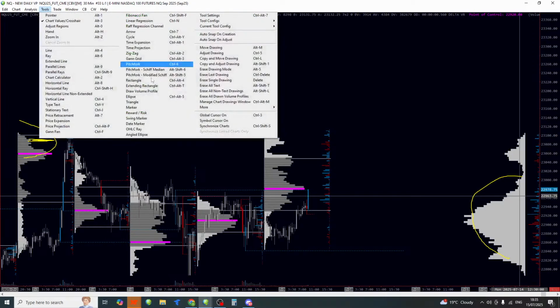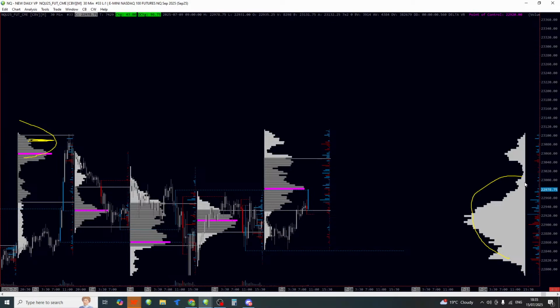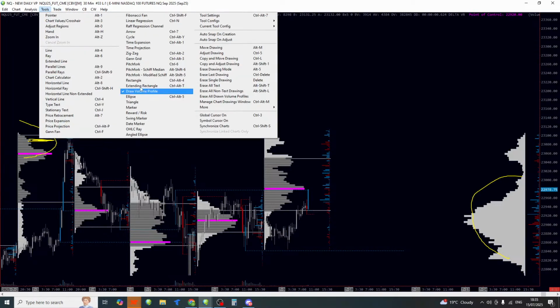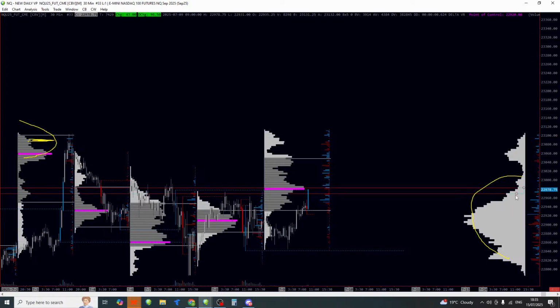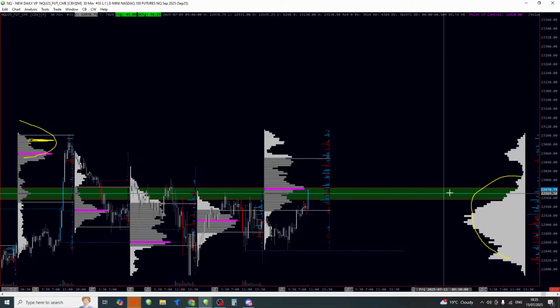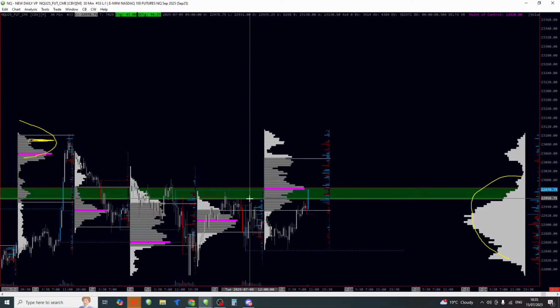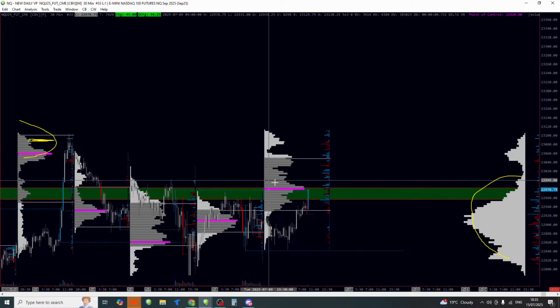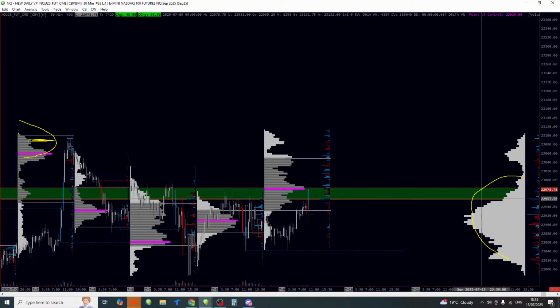Now, remember what I said earlier: how can you be sure that you are marking out the right zone? You can be sure by making sure price has rejected this level. Has price rejected this level previously? Look, yes, we had a rejection from here, rejection here, rejection here, rejection here. So this is the edge of my value area.